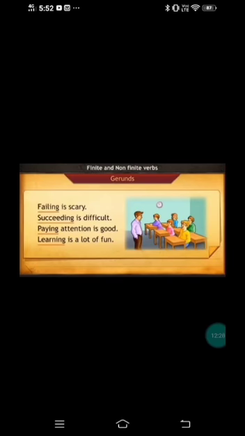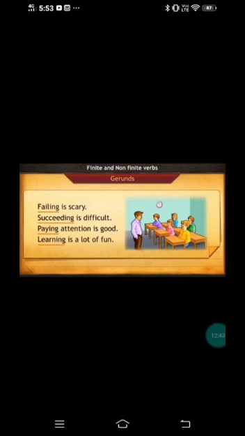Next, failing is scary. Succeeding is difficult. Paying attention is good. Learning is a lot of fun. If you see, the underlined words are verbs. Failing, succeeding, paying, learning, right?